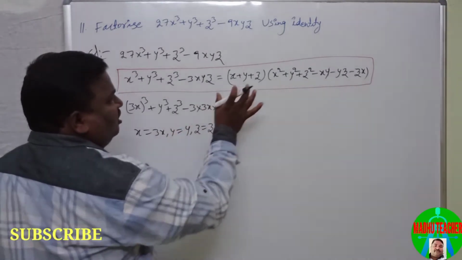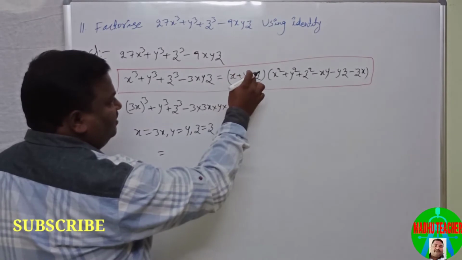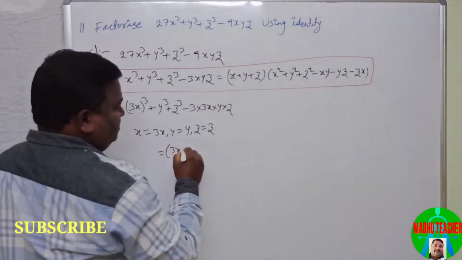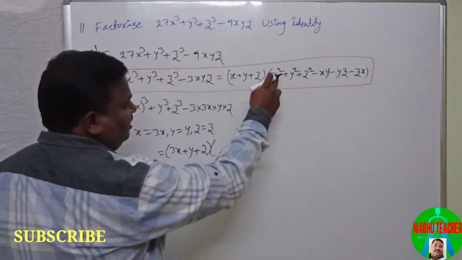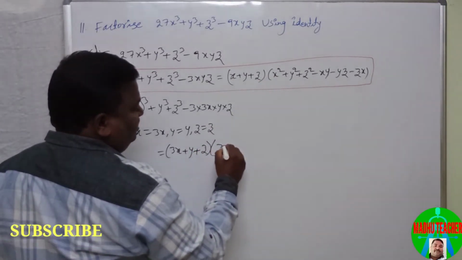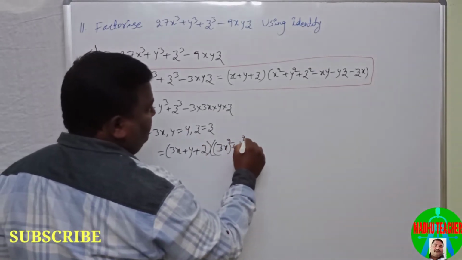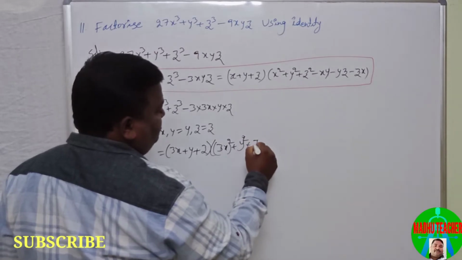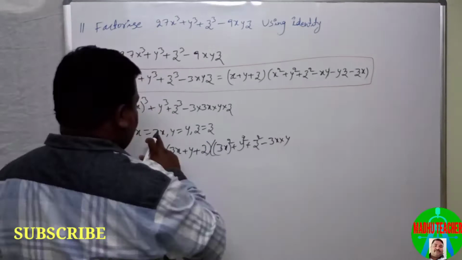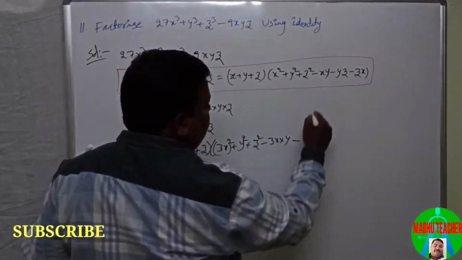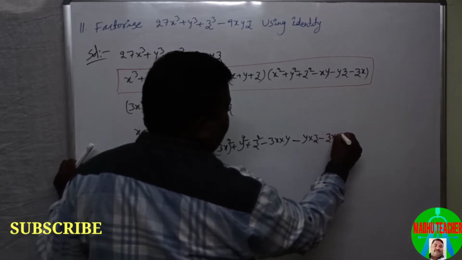So therefore, by substituting these values in the right side, we will get x plus y plus z, that is 3x plus y plus z into x square, that is 3x whole square plus y square is y square itself plus z square itself minus xy, 3x into y, minus yz, y into z, minus zx, z into x is 3x.